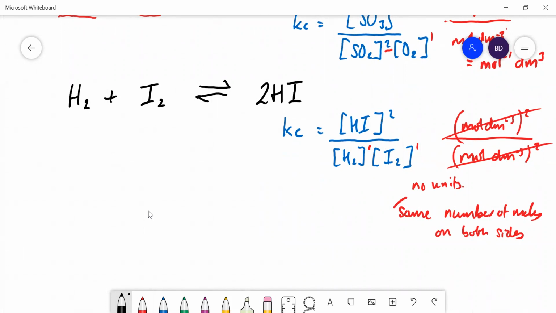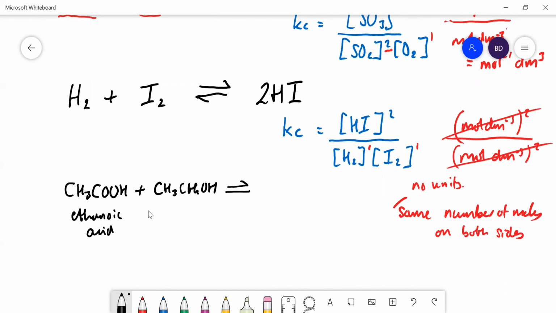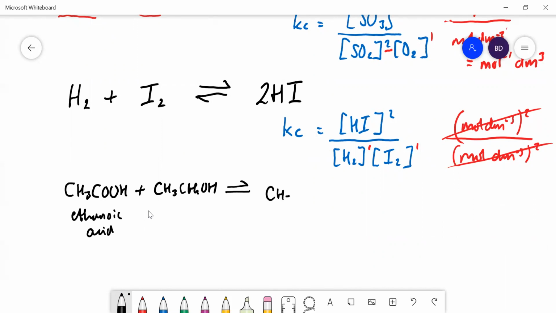Another one of those, if you have done this in organic chemistry, is ester formation. You have the same moles. So in ester formation, you get a carboxylic acid, say ethanoic acid, and you react it with an alcohol, say ethanol, and you're going to form the ester, and you form water as well.